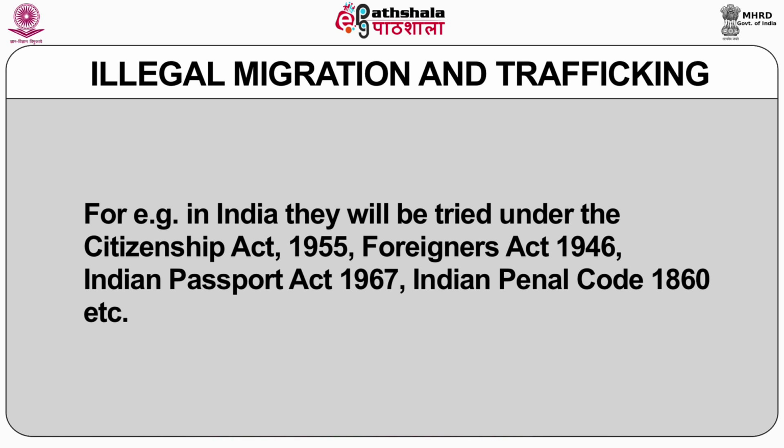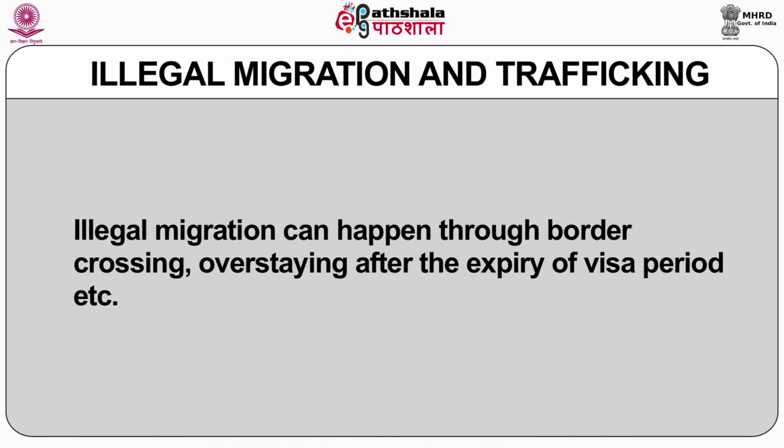For example, in India, they will be tried under the Citizenship Act 1955, Foreigners Act 1946, Indian Passport Act 1967, Indian Penal Code 1860, etc. Illegal migration can happen through border crossings, or overstaying after the expiry of the visa period.